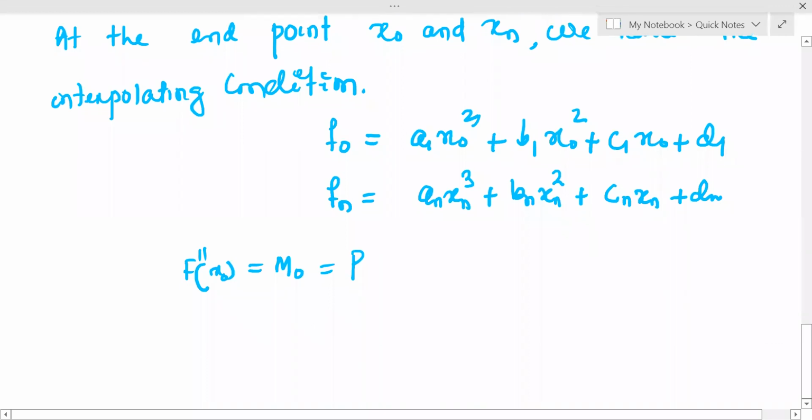In this case, we just substitute f double dash x0, means at the first point of the functional continuity function, m0 we consider, and that is also p. And last point f double dash xn, that is equal to mn, and that is equal to q.